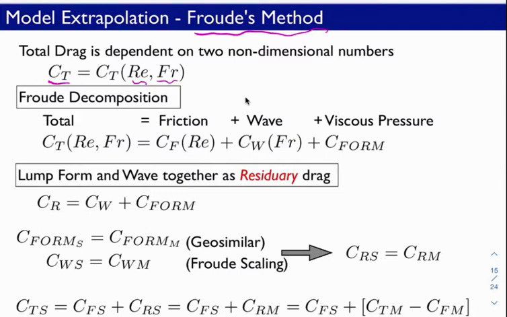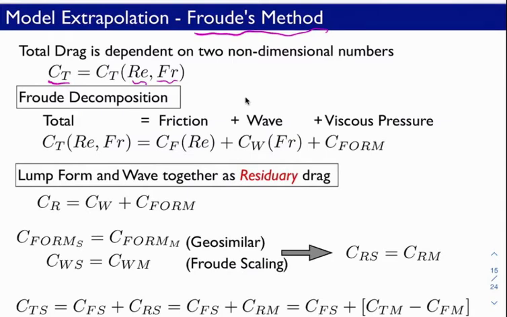So we're dealing with really these two fundamental numbers. If we could match these two in a tow tank, then we could measure the resistance of the model scale, compute the resistance coefficient, and that would be the same as on the full scale, and we would immediately know what the full scale resistance is.